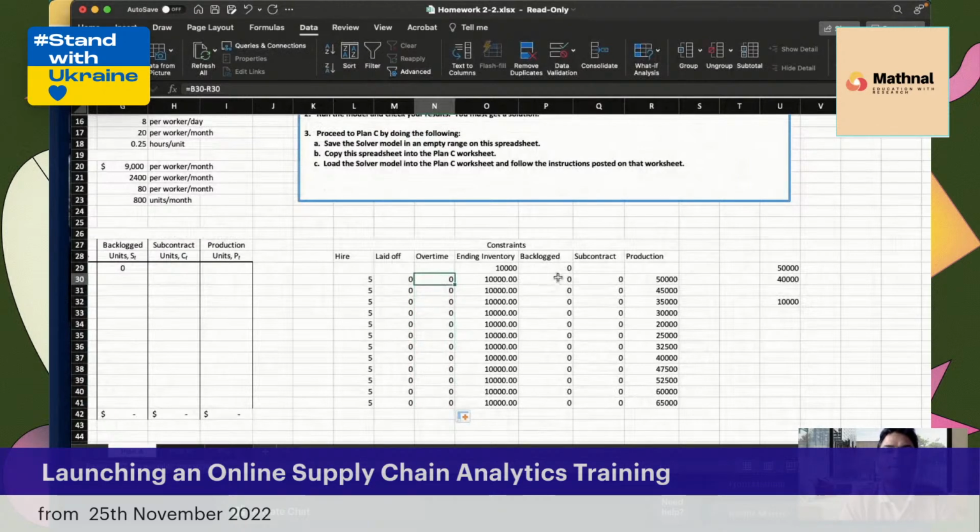Now, backlogging. The initial backlog is 0, and if I'm able to meet all the forecasts with production, my backlog will also be zero. If I'm not subcontracting and not giving overtime, then the excess would go into backlog.